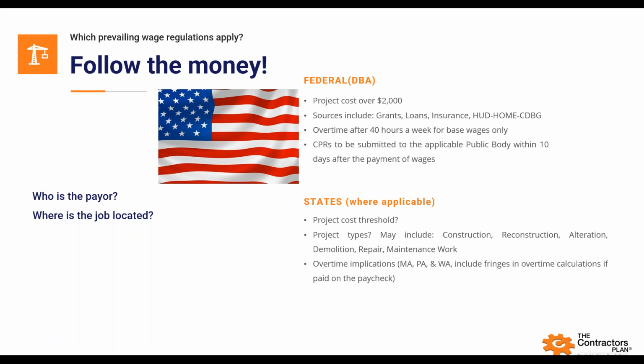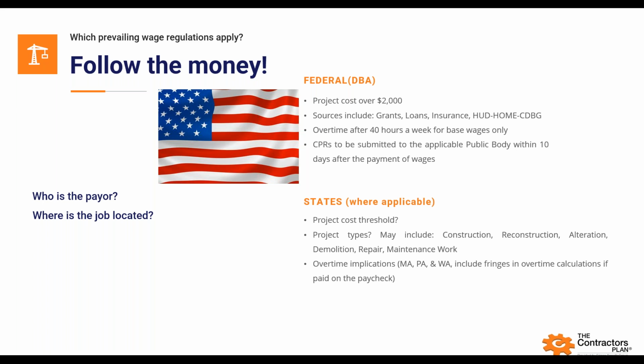In many cases, there can be just a tiny bit of federal money, meaning a loan guarantee, a grant. There's this Housing and Urban Development Community Development Block Grant program. A lot of people don't realize, well, that's residential. It doesn't seem like it's federal. Well, no, there's now, it's a project cost over $2,000. It's getting some federal support. That's now a Davis-Bacon project.